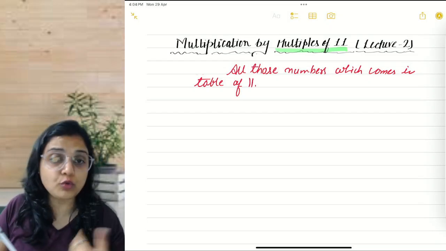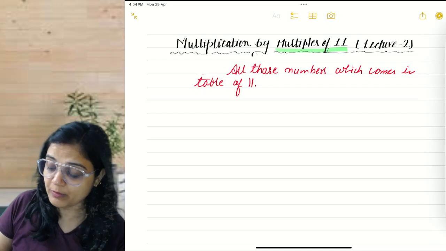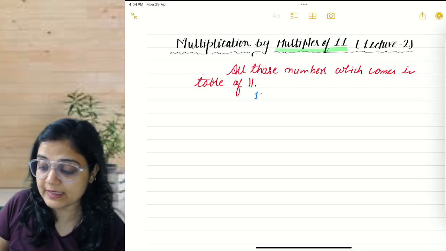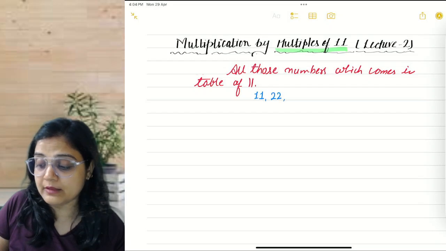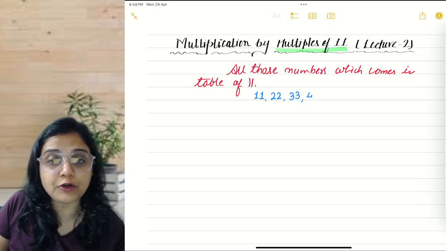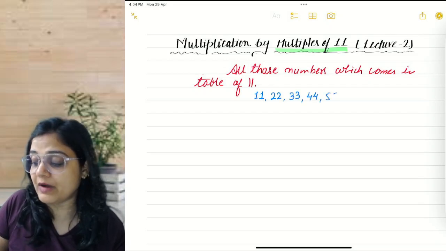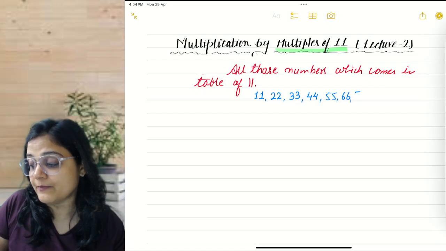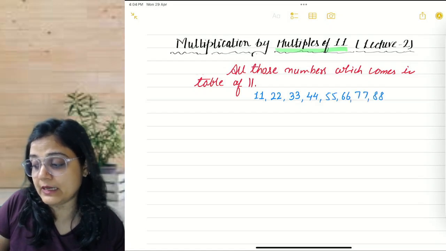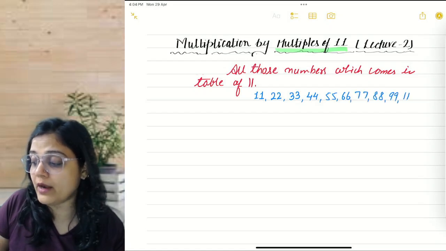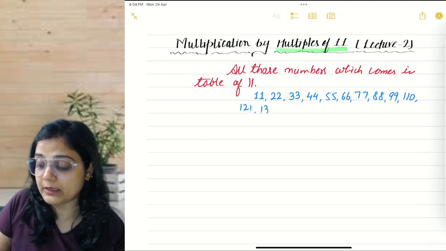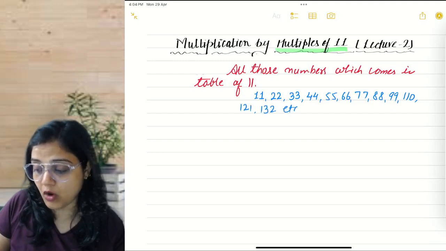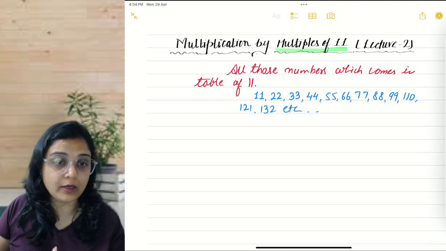So if I want to go with the examples, multiples of 11 are 11 itself, the first multiple, then 11 twos are 22, then 33, then 44, then 55, then 66, 77, 88, 99, 110 itself, then 121, 132, etc. All right, you can keep going on with it.